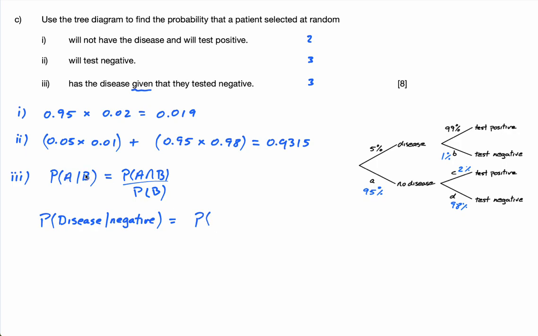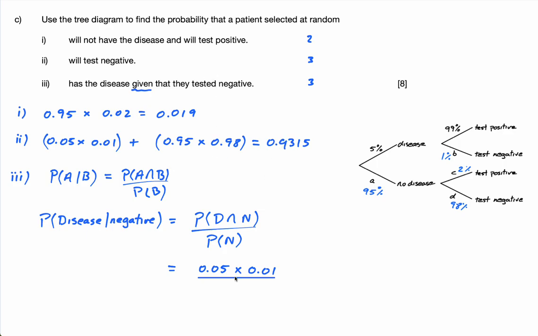So this is the probability. So it's this and this, so disease and negative. D for disease, N for negative, obviously. And I'll divide by the probability that it's negative. Disease and negative is disease, 0.05, and negative times 0.01. And the probability that it's negative, well, we've done that for part 2.